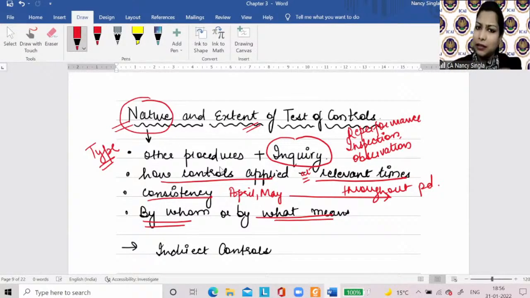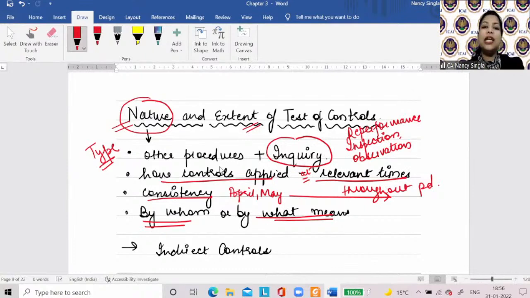Is there an internal team or you have outsourced it to some IT team? Let's say your accounting software has a number of internal controls. Is it developed in-house or outsourced to an IT company? Because the risk associated with it will be different if it is internal and different if it is external.